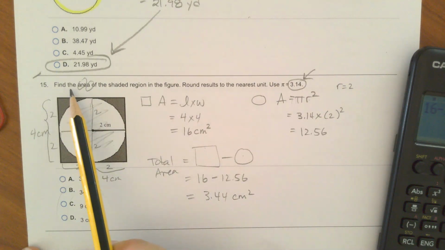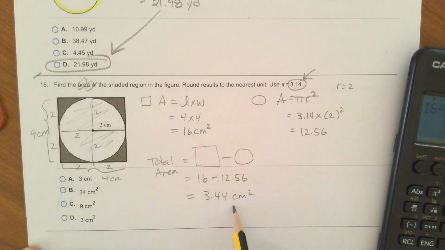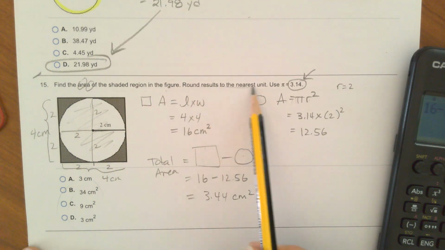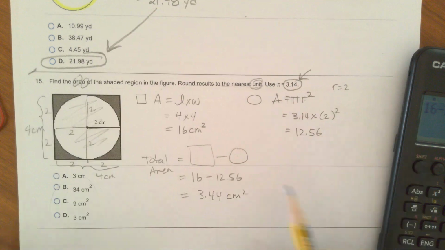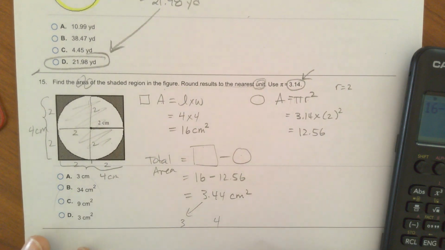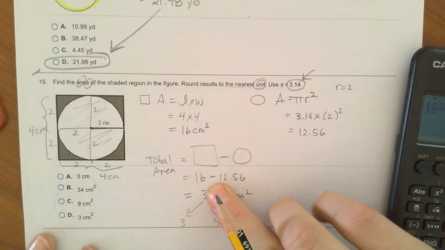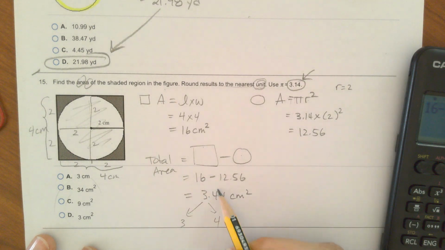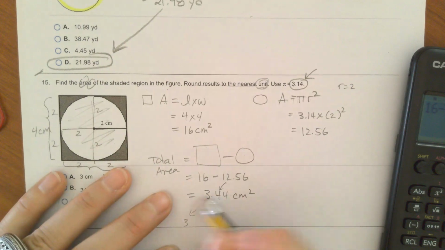Let's read it again. Find the area of the shaded region, did it. Round the results to the nearest unit. That means, is that closer to 3 or is that closer to 4? So we're rounding it to the whole number. So here, the 4 is small, so this is approximately just 3.